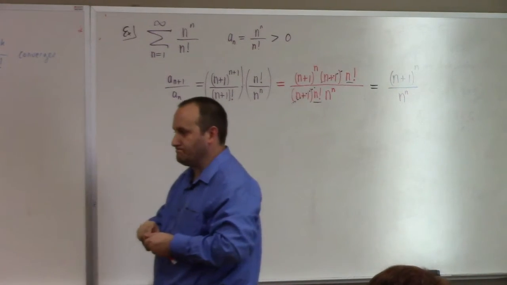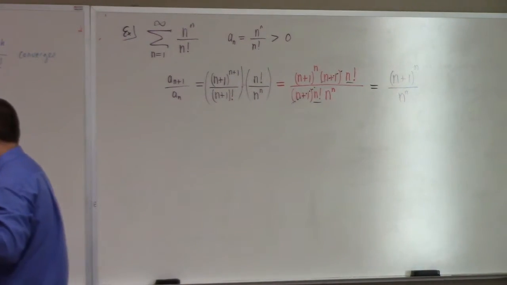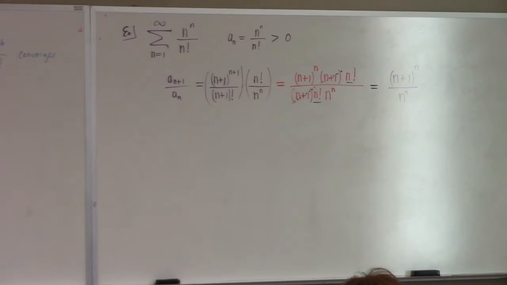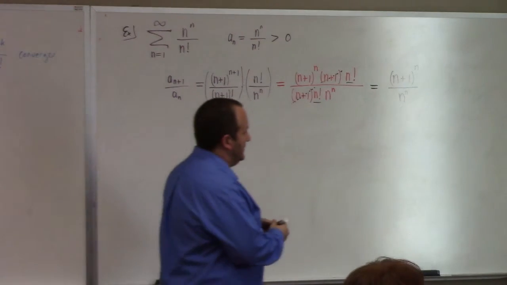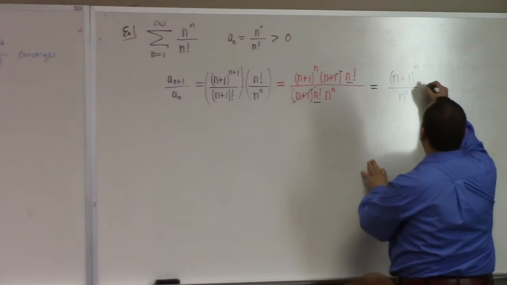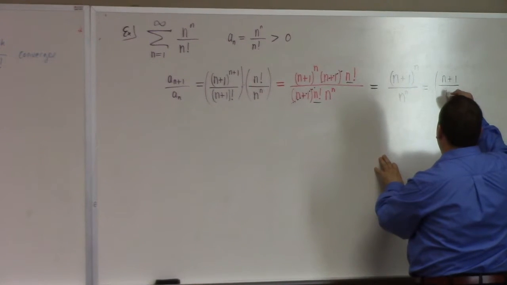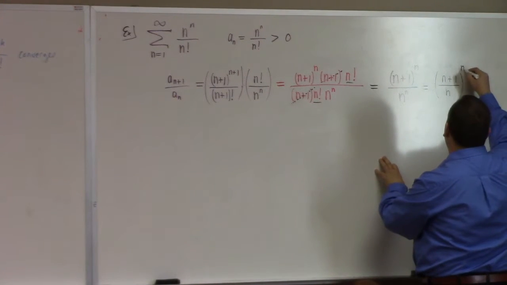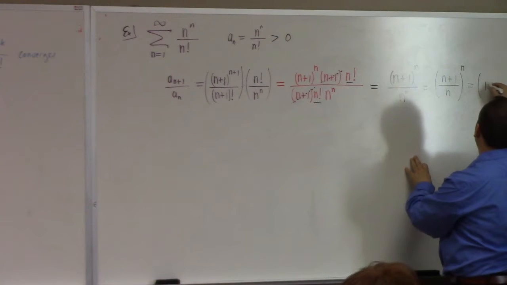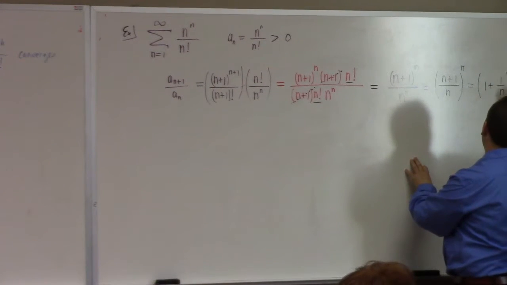All right. Can you simplify that? Yeah, I think we can. So this is really n plus 1 divided by n, all to the power n, also known as 1 plus 1 over n to the power n.